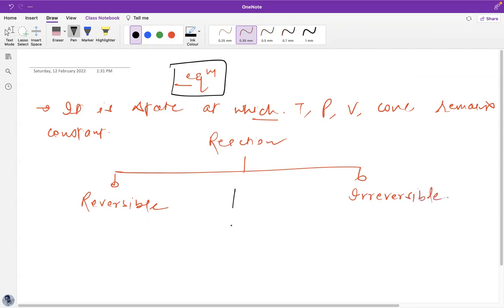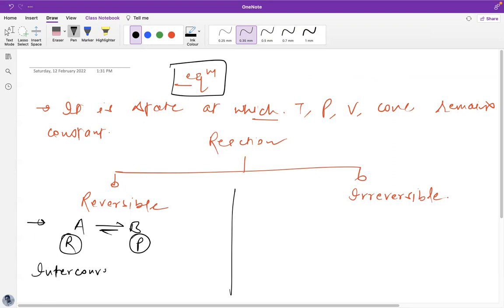So first I am going to discuss the concept of reversible reaction. A reversible reaction is basically bidirectional, means like this. Means we can say reactant and product. The left hand side is your reactant, right hand side is your product. So we can say both are interconvertible, means reactant can convert into product and product can convert into reactant.